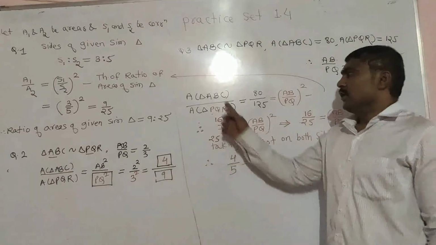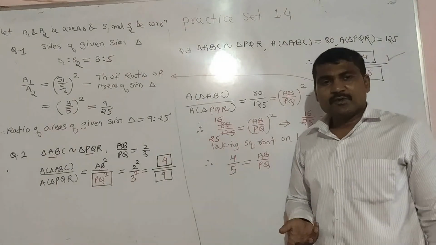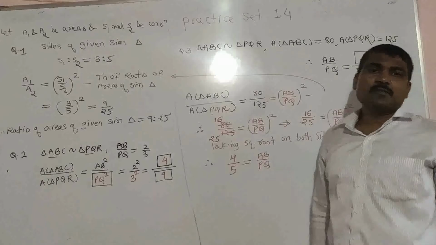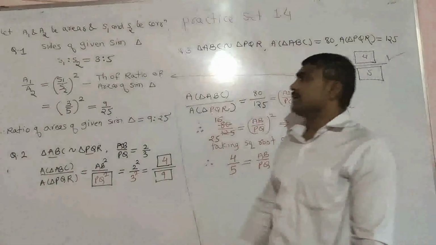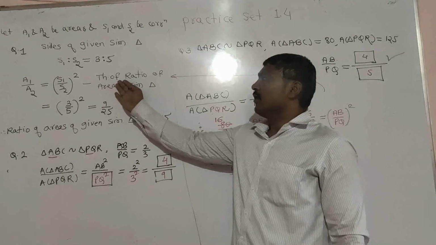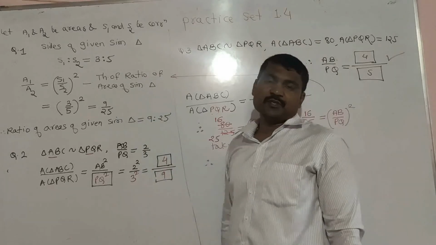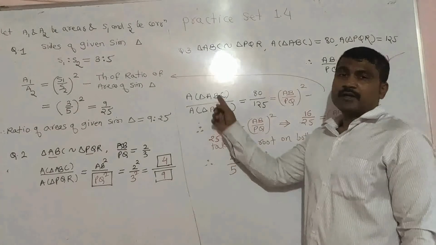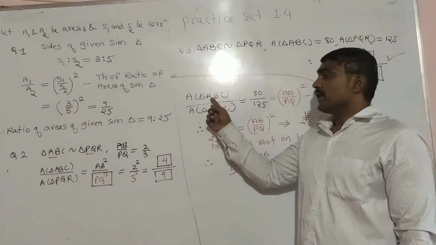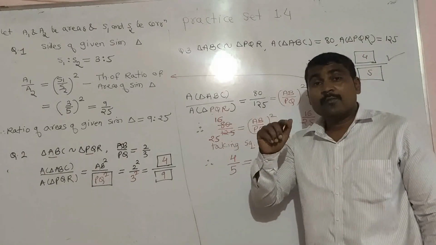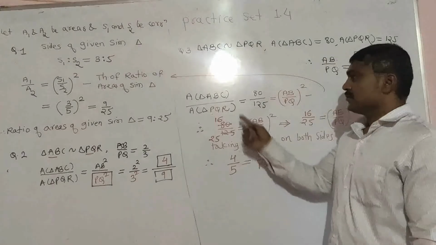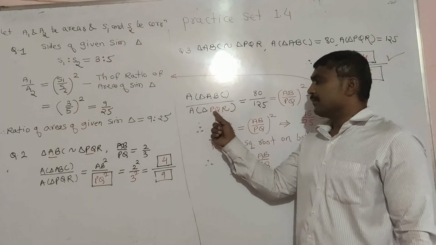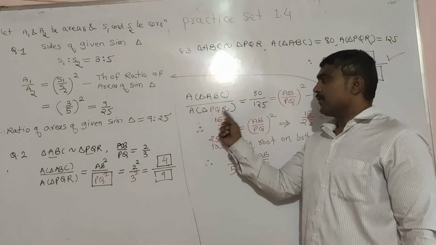Now, the ratio of areas is given. Two triangles are similar. So which theorem will you apply here? The theorem of ratio of areas of two similar triangles. When two triangles are similar, the ratio of their areas is equal to the square of the ratio of their corresponding sides. So corresponding sides AB upon PQ, BC upon QR.